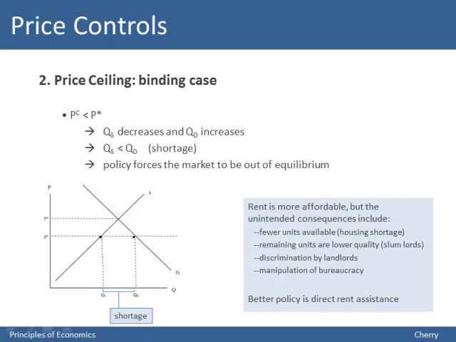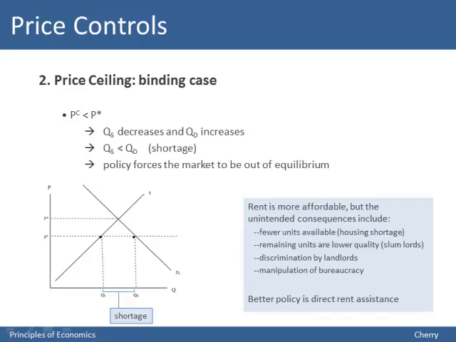If you have a shortage, that means you have more renters than rental units. So that opens up the doors for discrimination. That gives the landlords a lot of power in who they select to rent their units. They might do background checks, they might do credit checks, or they might use unethical means to determine who they rent to and who they don't rent to.